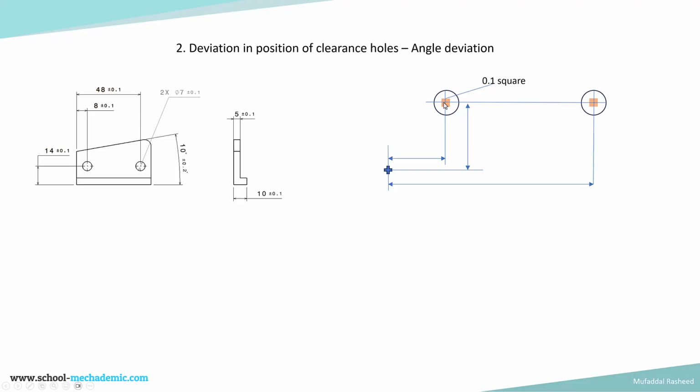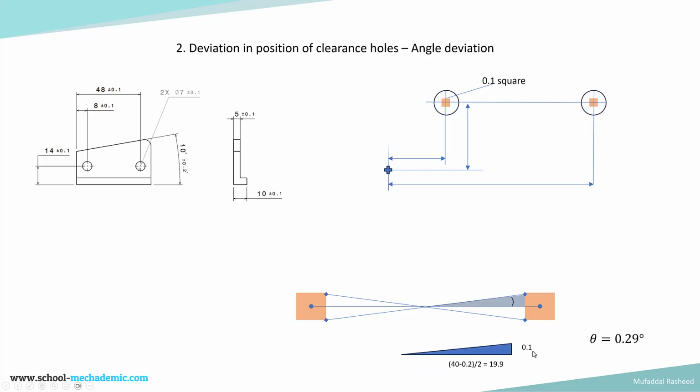The tolerance zone shape is the same: these are the dimensions positioning the hole, and the tolerance zone is square. We calculate the same way, because the true center to center distance is the same, 48 minus 8 is 40. Then this distance is again 39.8 divided by 2, which is 19.9. Adjacent is 19.9 and opposite is 0.1.